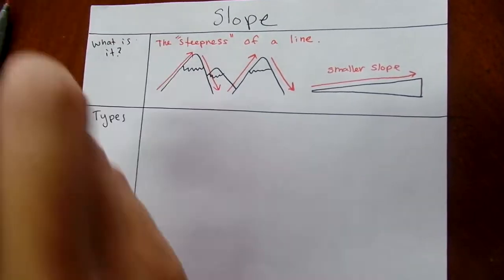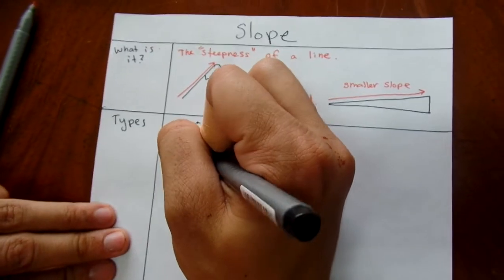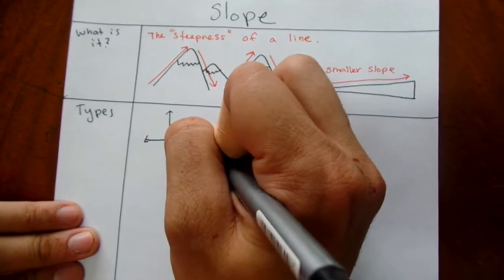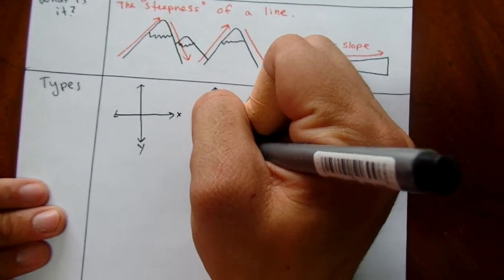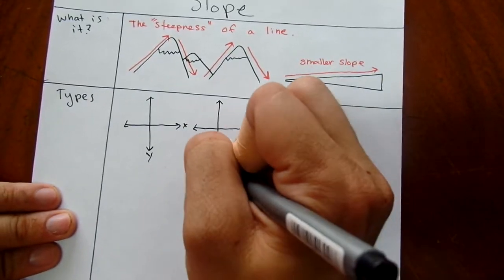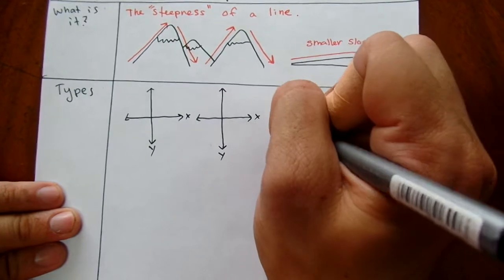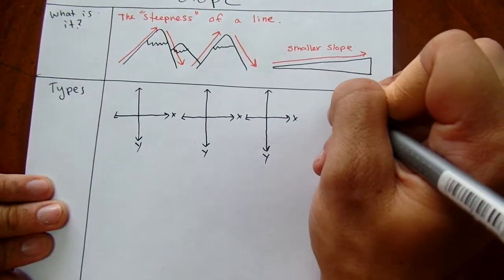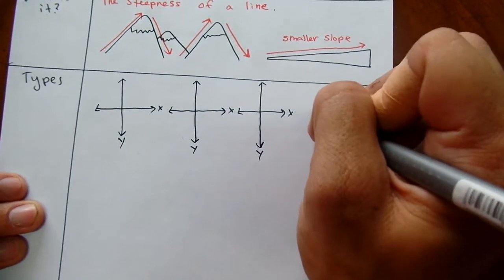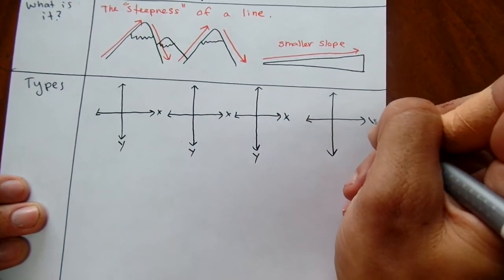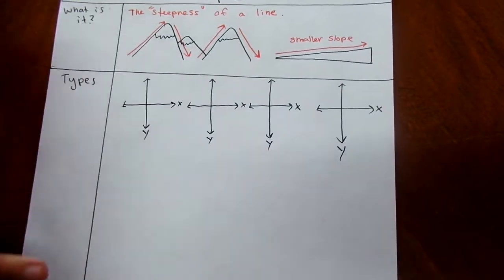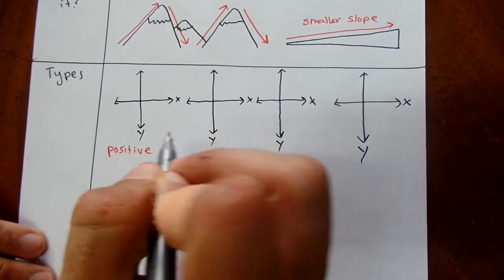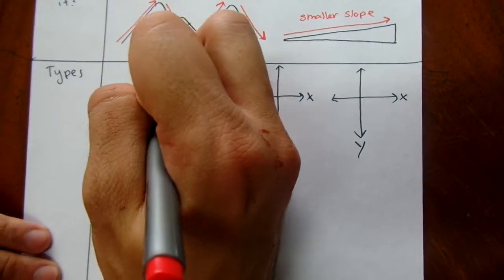We're going to have four types. First of all, we're looking at the XY graphs. Y, X. Y, X. Y, X. And we need 4. Okay. So, we have a positive slope, which means from left to right it just goes up.